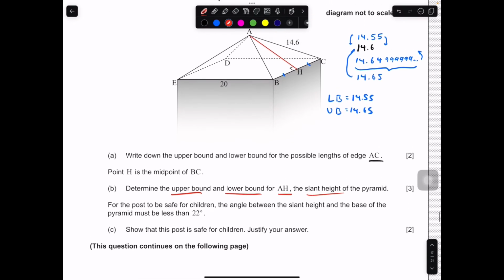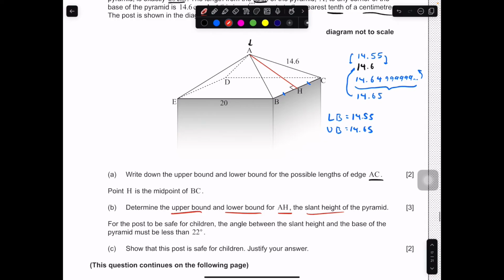Okay, so let's actually just trace this out. So here's 14.6. It potentially could be a little higher, potentially could be lower. We know that this value right here, since it's a midpoint dividing up this 20, this itself must be 10. It potentially could be as low as 14.55 or as high as 14.65.